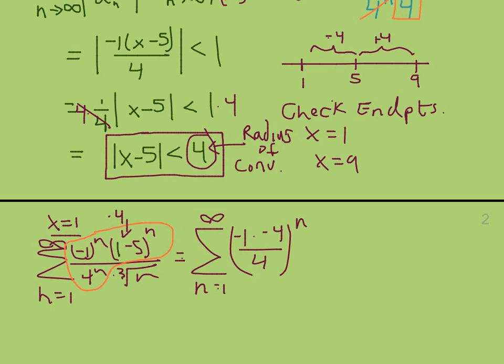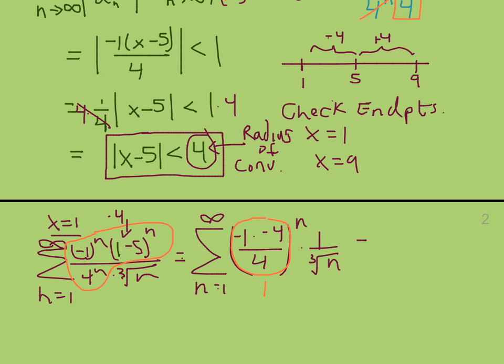And then we also have the cube root of n. So when all is said and done, this whole thing is a 1 raised to the nth power, and 1 to the n is just a 1.